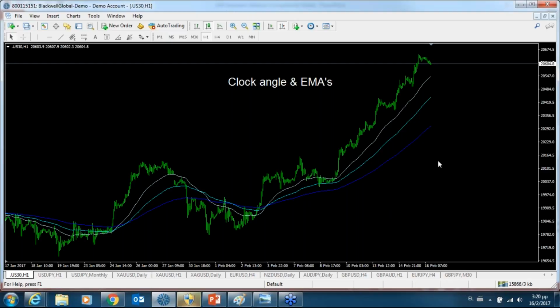And another tip for you is to look for all these three lines to be far apart, pointing upwards, and not entangled like this. They are clear from one another, giving you some distance in between each other. The further apart they are from one another and pointing upwards, the stronger the uptrend or the bullishness will be.